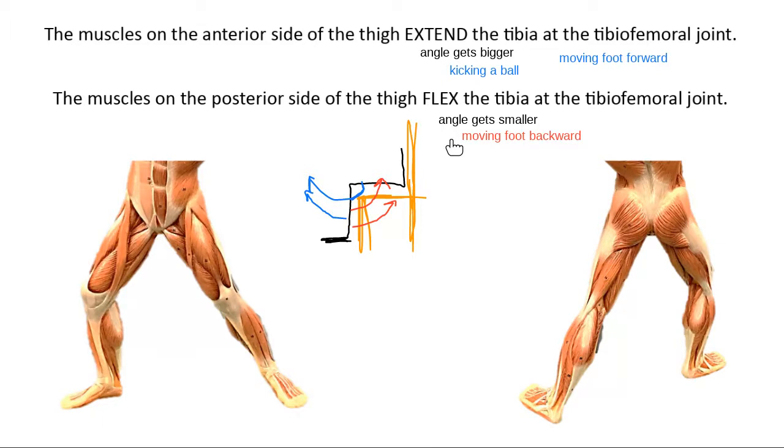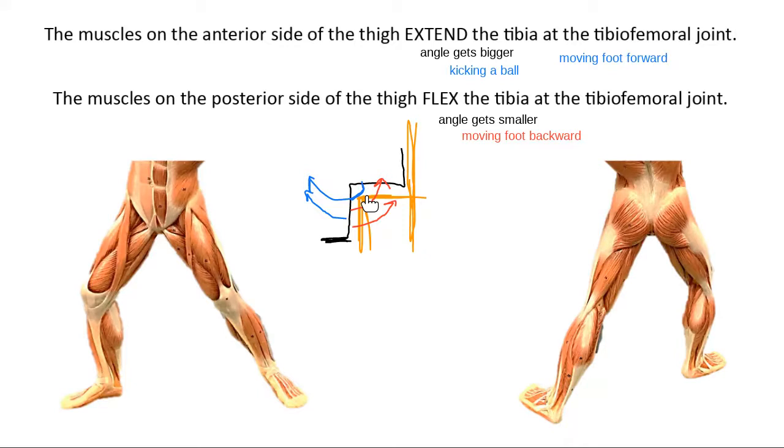Okay, so again, this is where it's going to be really important for us to act these things out. The good news too is if you're sitting in your chair, you can put your hands on your thighs and lift your leg up. When you do that, you can feel the muscles on the front side of your thigh contract a little bit.